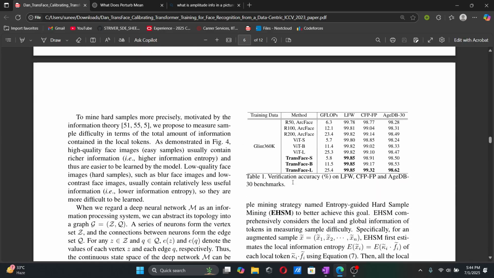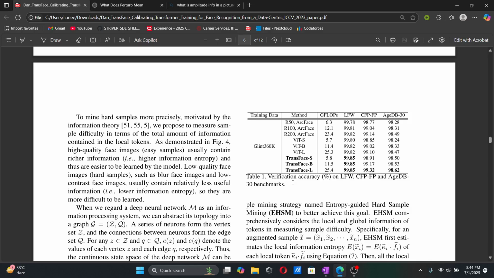To mine hard samples more precisely, motivated by information theory, we propose to measure sample difficulty in terms of the total amount of information contained in local tokens.